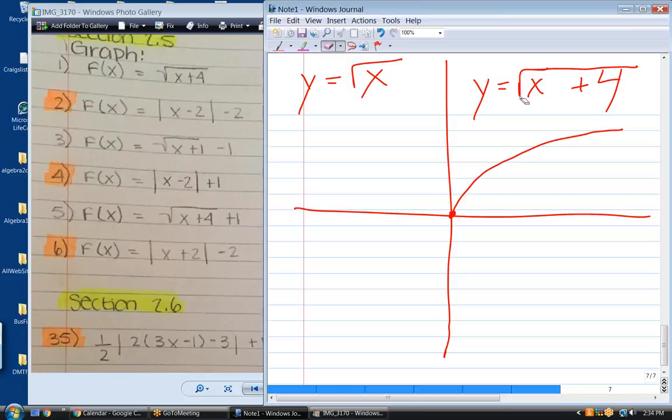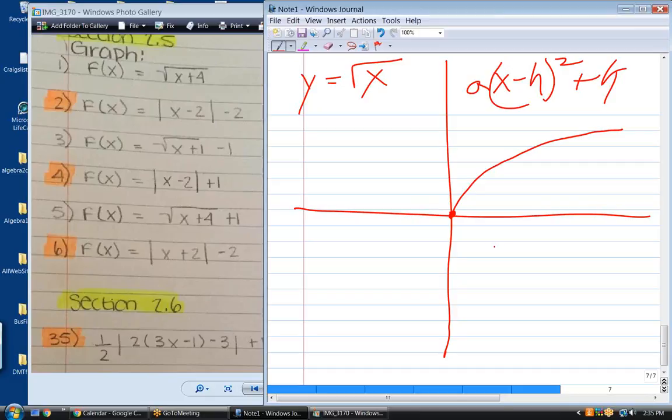In which direction? To positive 4. Negative 4. Negative 4? Yeah. Think about all your things involving x and h. The vertex format of a quadratic was a times x minus h, quantity squared, plus k. X minus h.